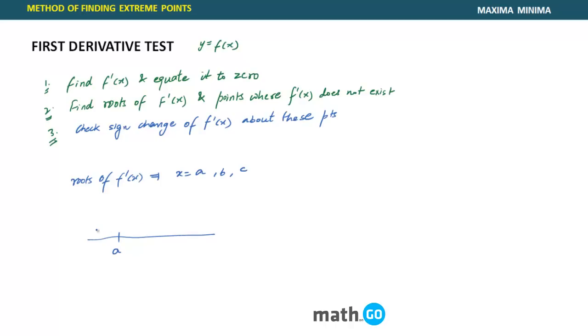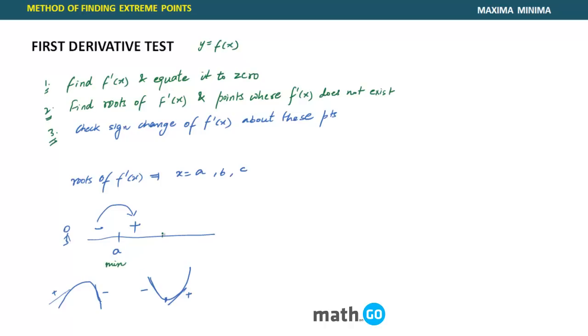If it goes from negative to positive, traveling from the left hand side, remember the downward parabola: the slope is negative, then positive, and then negative on the right hand side, whereas in the upward parabola the slope is negative and then positive. So if it goes from negative to positive, this is the point of minima, so a will become the point of minima.